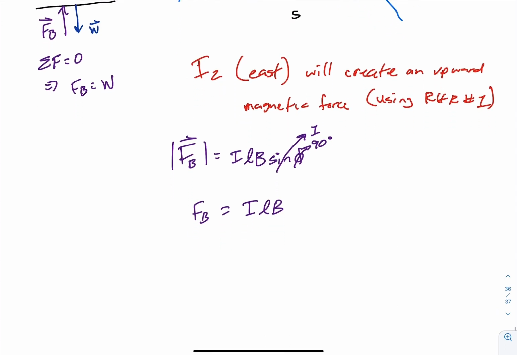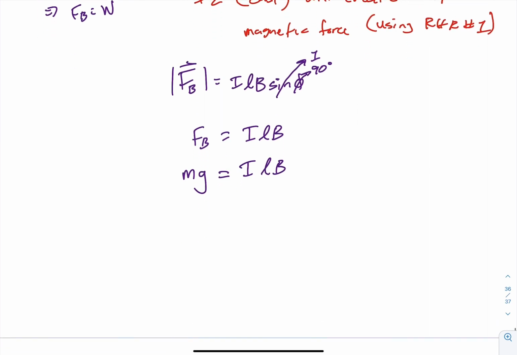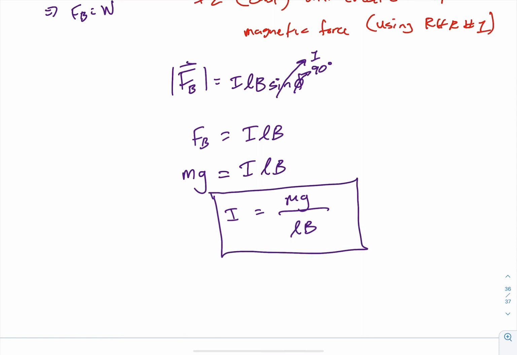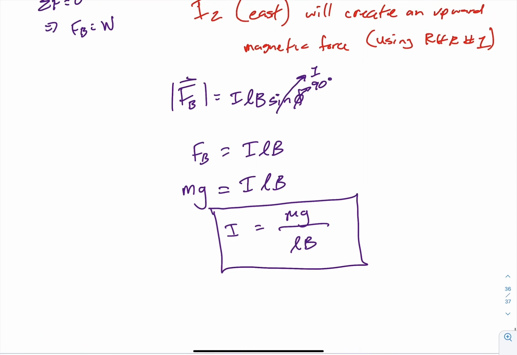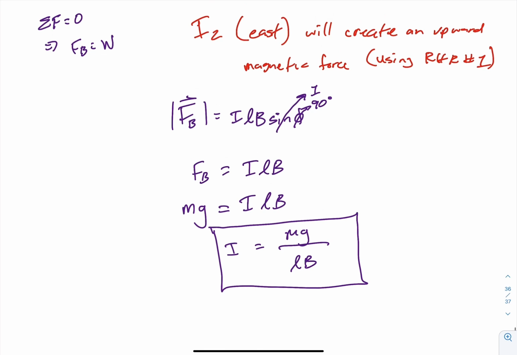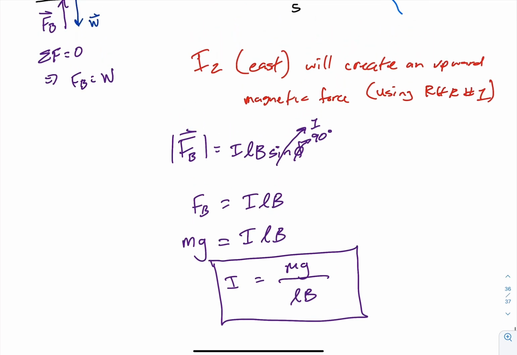And so we can go ahead and substitute mg in for F_B, and we can solve for I. And I think we have all the information to actually calculate this value. And I think you'll see it's a very large current that would be required in such a relatively weak magnetic field. But there you have it.